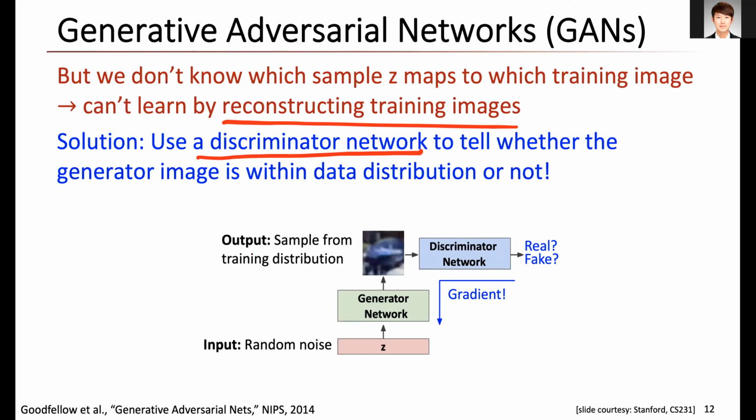In other words, we use two kinds of neural networks, a generator network and a discriminator network, and train them simultaneously, starting from random noise. This is GAN.